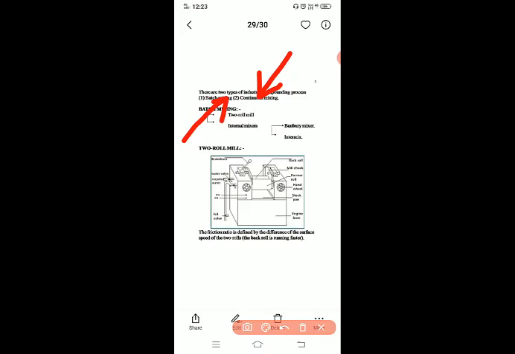But in a twin screw extruder, we will be getting the compound mixed in a continuous fashion. So that is called continuous mixing. So there are two types of mixing: batch mixing and continuous mixing.